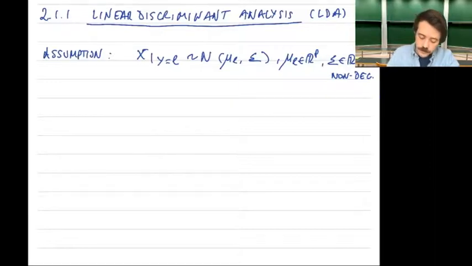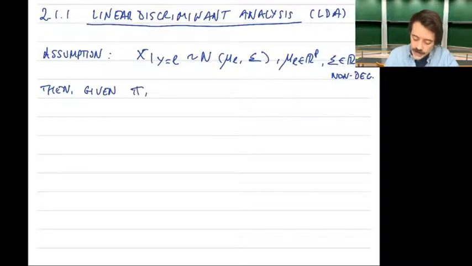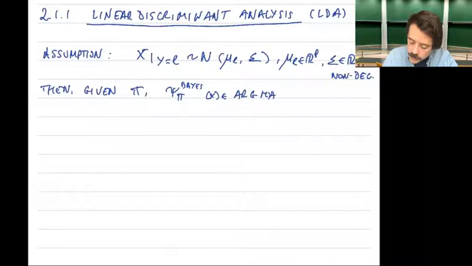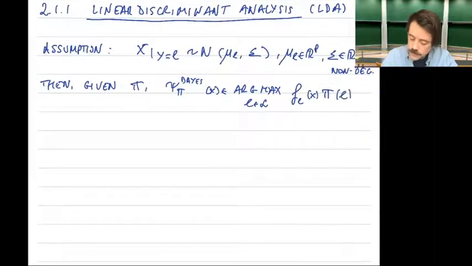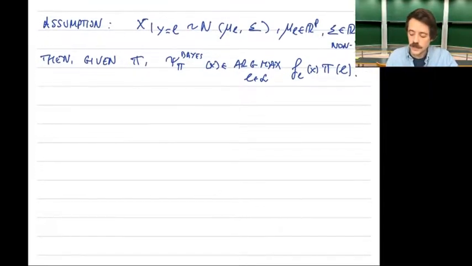Okay, so then given pi, we have that, just by what we were saying before, the Bayes classifier is going to be any of the maximizers, and this again is going from 1 to capital L, of this in here, for pi to be defined.